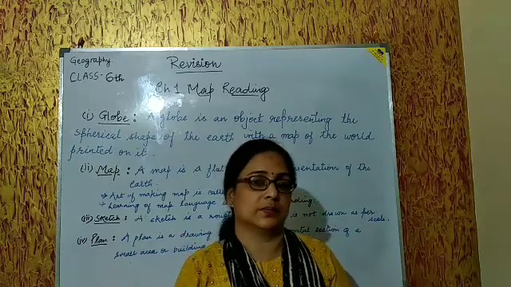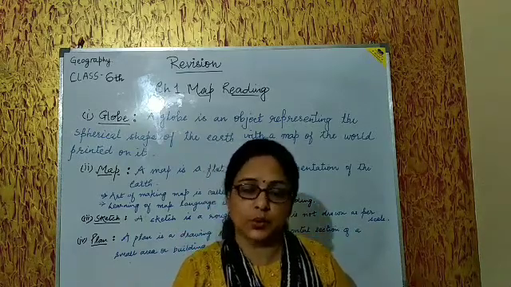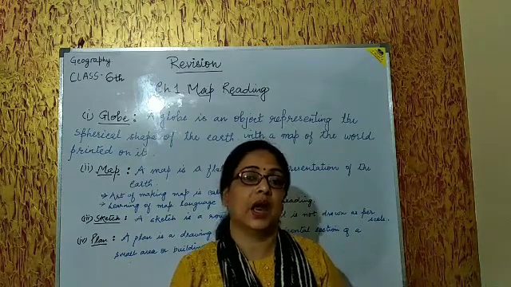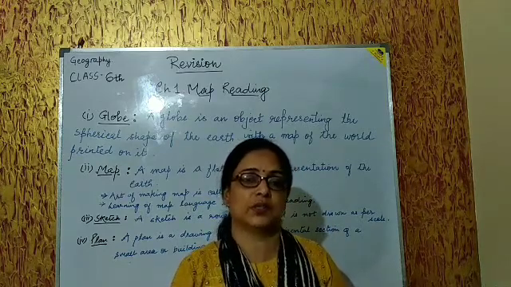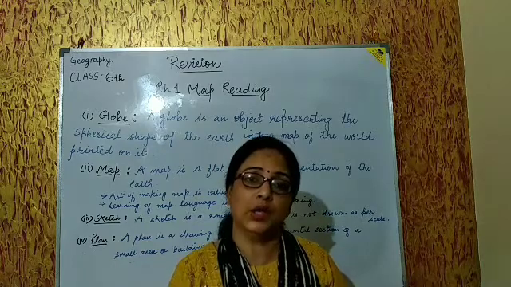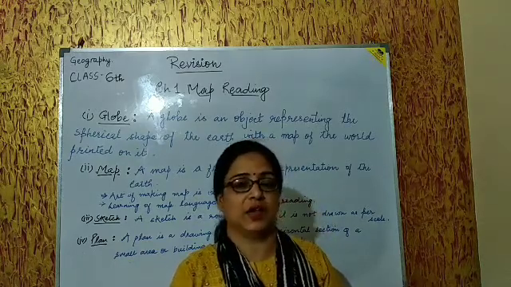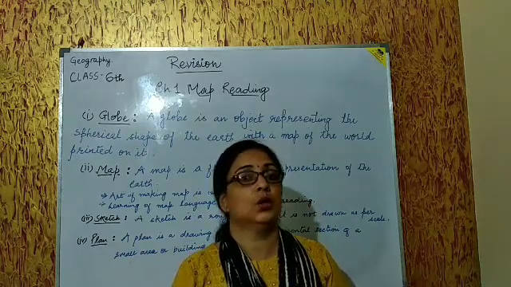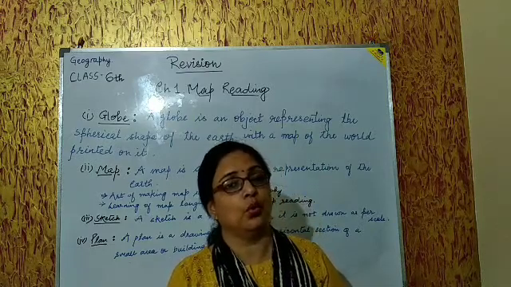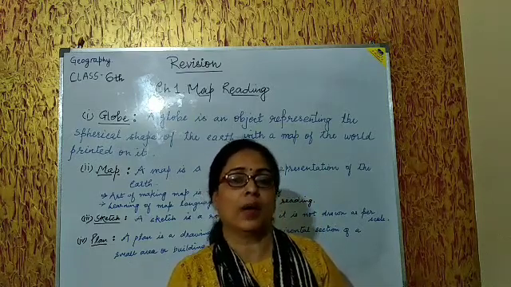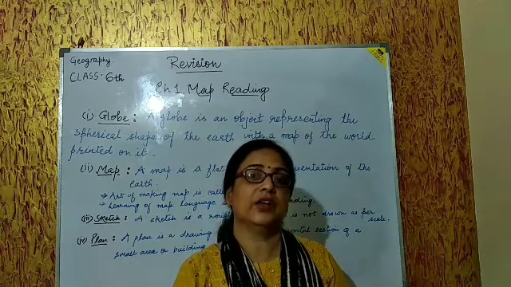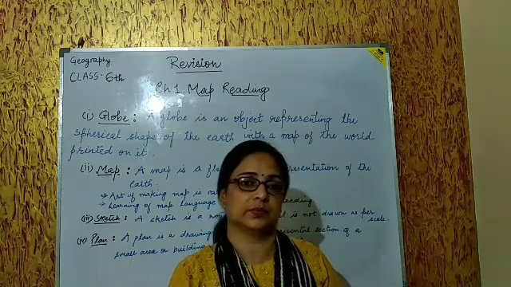Dear students, our earth is a unique planet. It is the third planet from the sun and the only known planet where life exists. So, to know more about our earth, different sources are there.